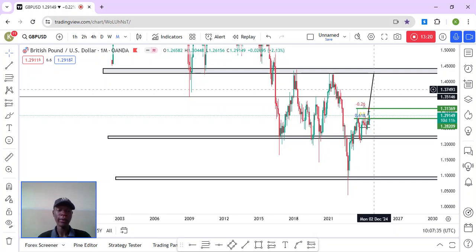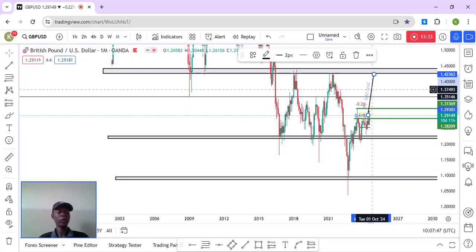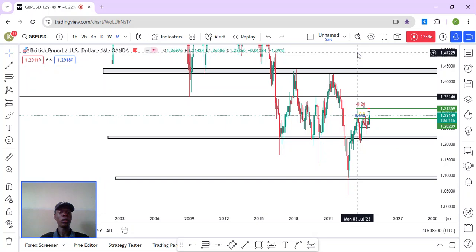So definitely we still expect the US to strengthen. Yeah, and there is some news about the election and so forth. There will be an election which will decide things, so that's why we will still have this indecision on the euro dollar, GBP USD, and all the major pairs.